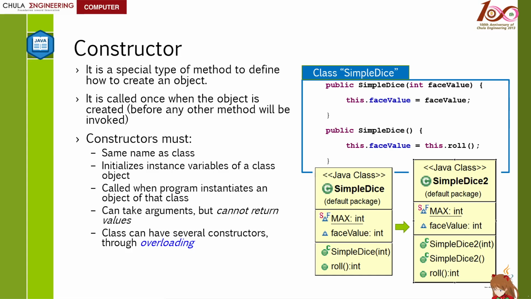Okay, the next topic that we'll cover is constructor. A constructor is actually a method, but it's a special kind of method that defines how you create an object. A constructor is always used with the new command to reserve space in your machine's memory for the object.